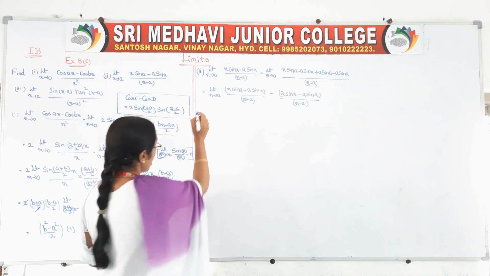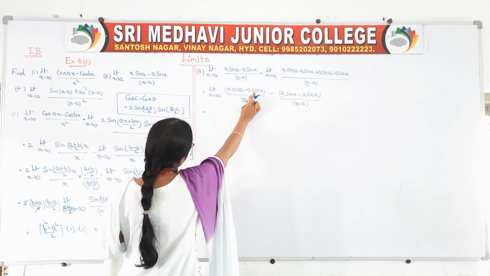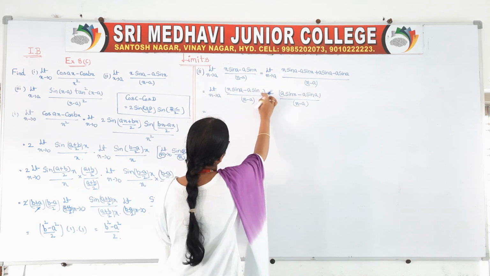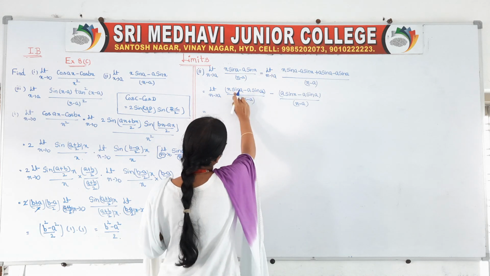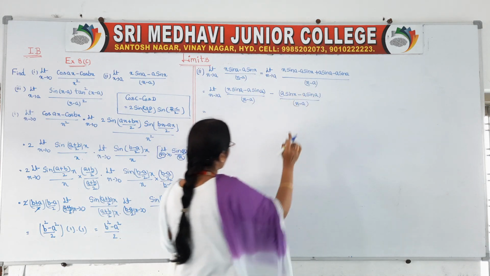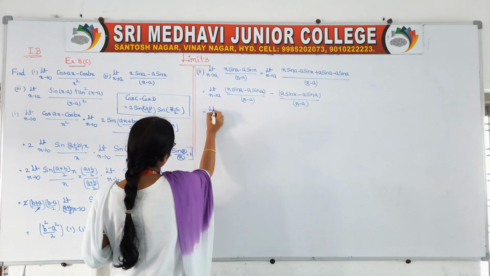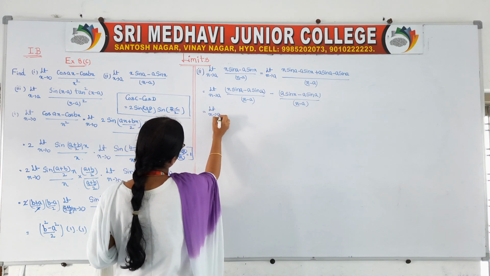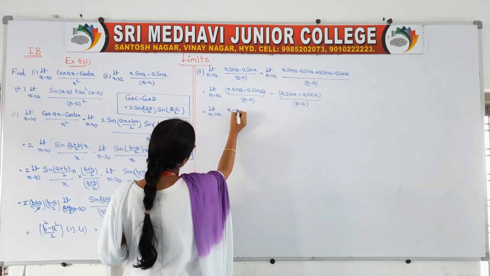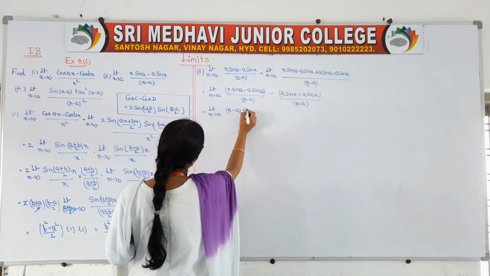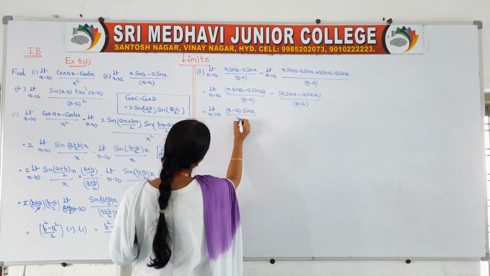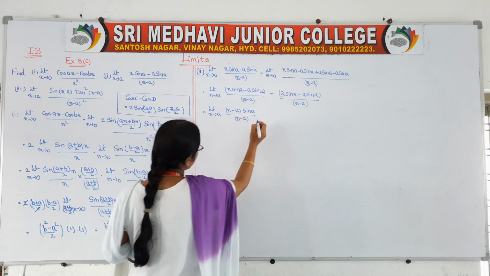So now observe carefully. Here which value can we take? A sin a we have to take. Sin a can be taken common, and here a can be taken common. So limit x tends to a, if we take sin a common, x minus a into sin a, taken sin a as common by x minus a.